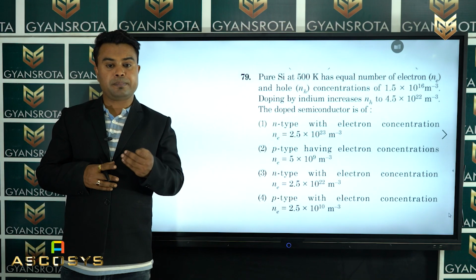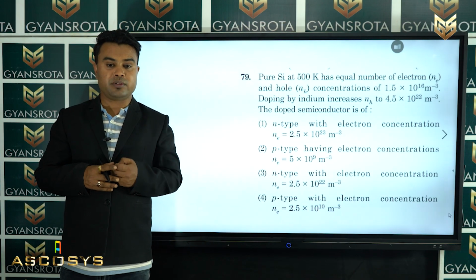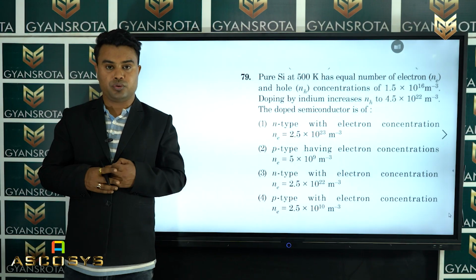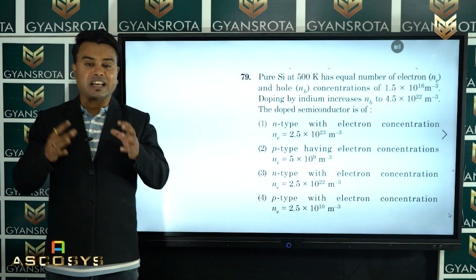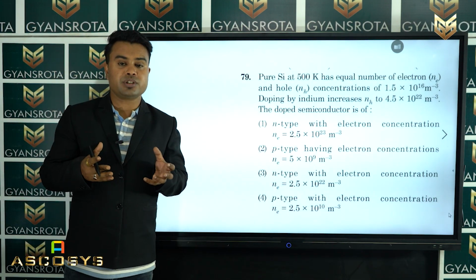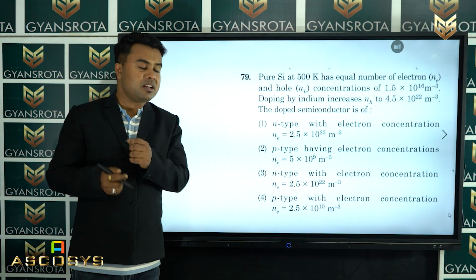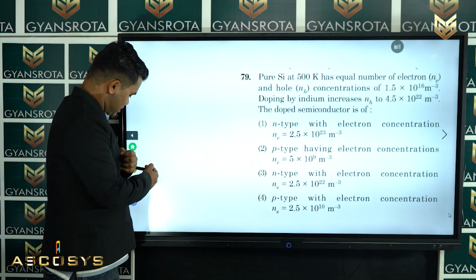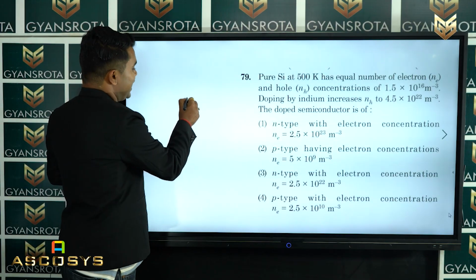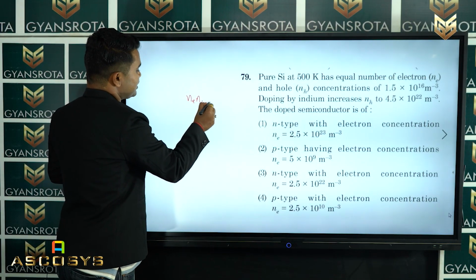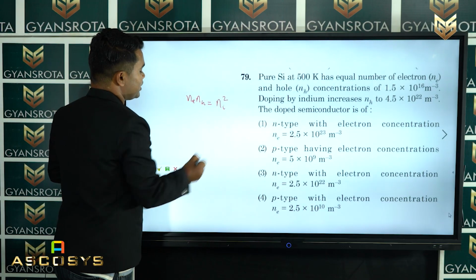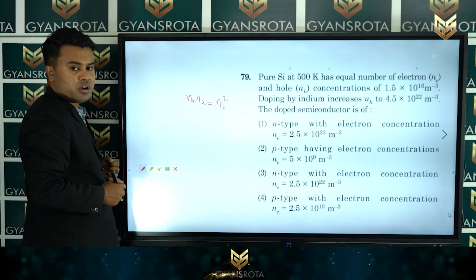So here you have to calculate Ne, since Nh is given to you. This is a question from the chapter semiconductor physics. For an intrinsic semiconductor, as we all know, Ne into Nh is equal to Ni square. Once you know this, you can solve it.